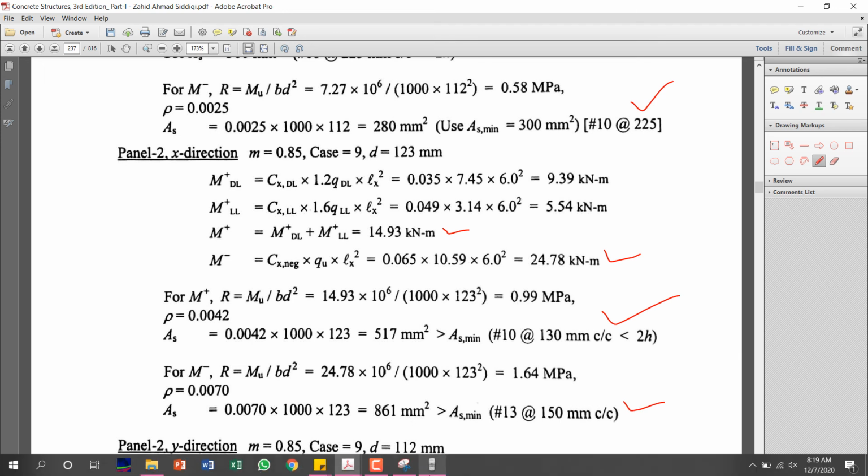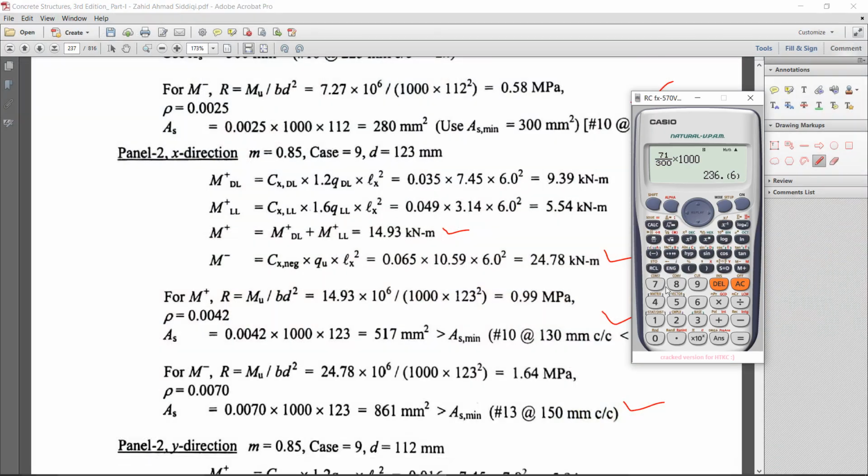Its spacing is coming too close, so that's why we shift. For number 10, 71 divided by 861 multiply with 1000, you can see spacing is coming too small, 82 millimeter, so that's why shifted to a higher number of bar, number 13, whose area is 129.